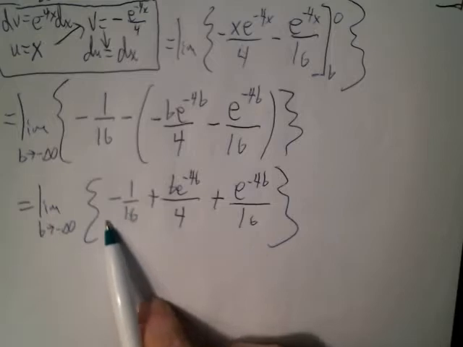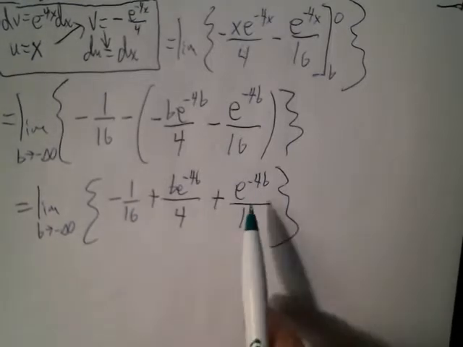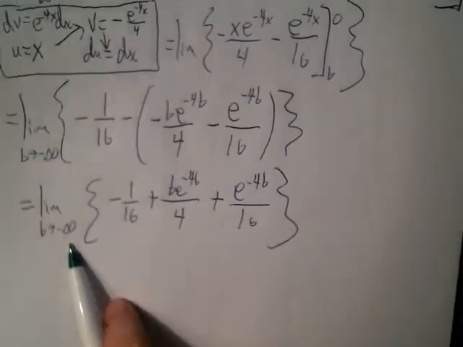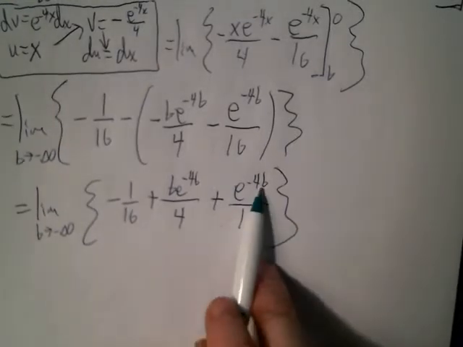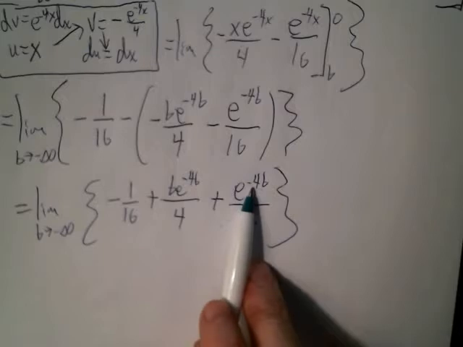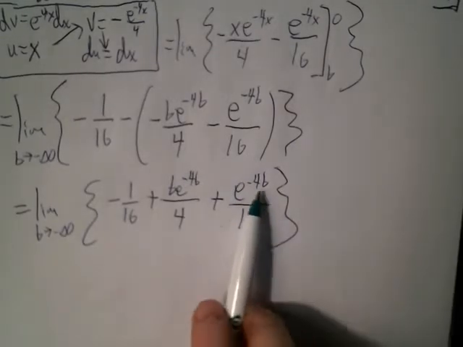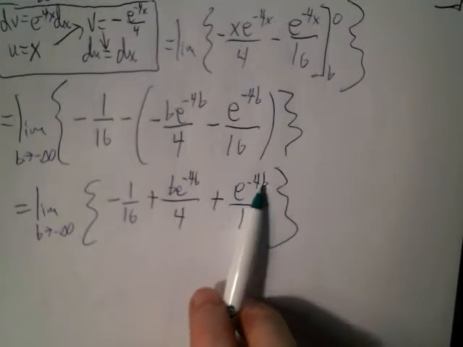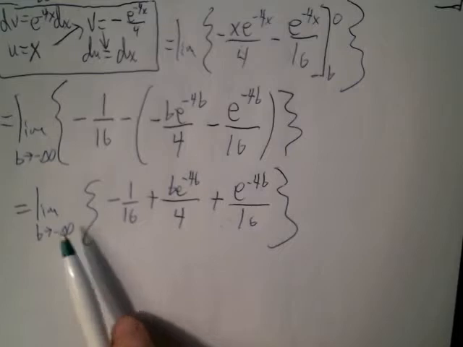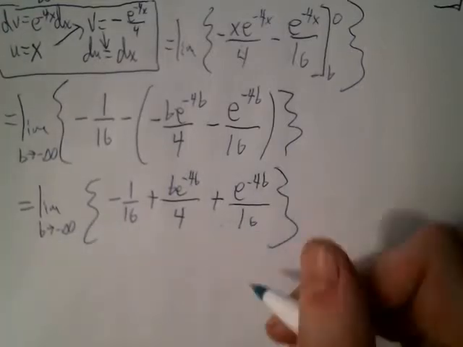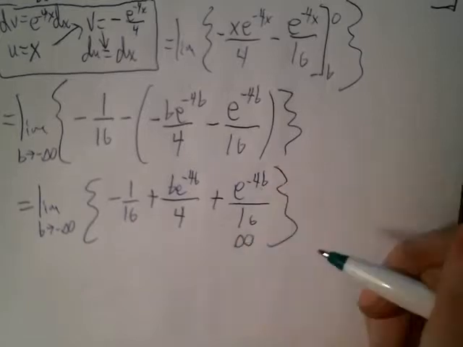This thing is just a constant, so it'll go to negative 1/16. This part will go to infinity. The problem is you're putting negative numbers into a negative exponent. So it'd be e to the negative times another negative at each point in your sequence. So, you know, e to the 40, e to the 400, e to the 4,000, if you're putting in negative 10, negative 100, negative 1,000. So this part seems to be going to infinity just by itself.